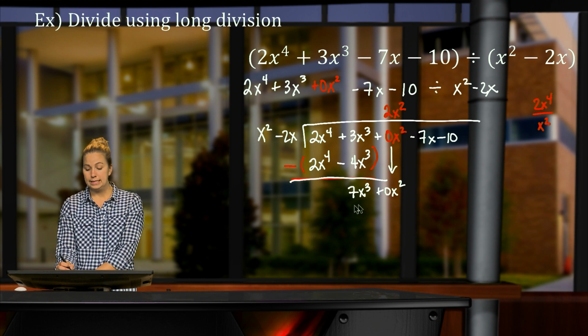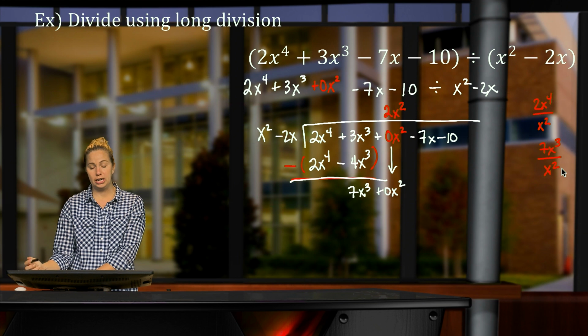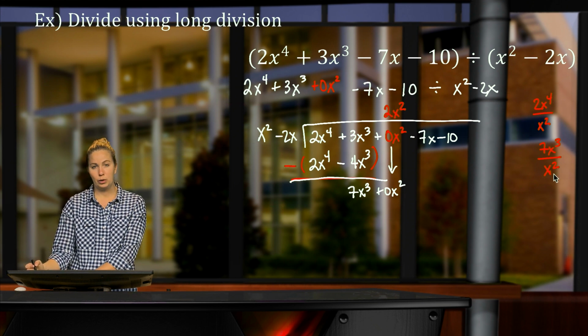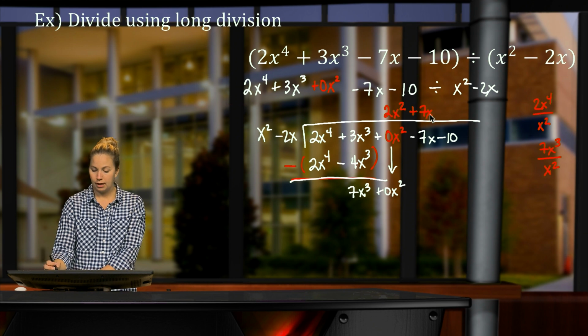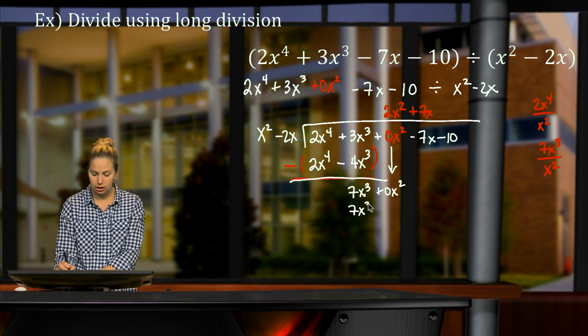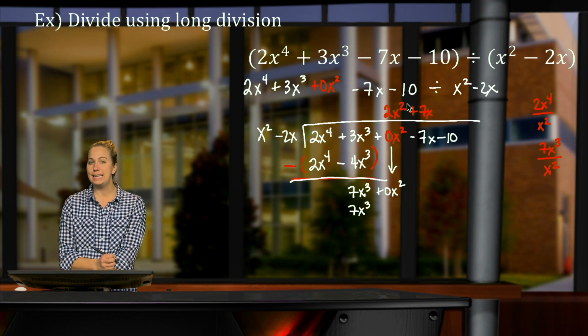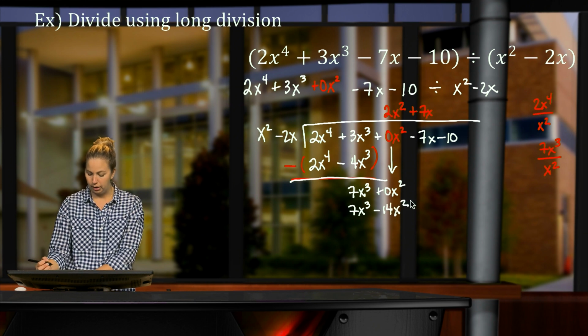And I repeat, 7x cubed divided by x squared. Going to my margin to set up that fraction, 7x cubed divided by x squared is going to be 7x. 7x multiplied by x squared minus 2x. 7x times x squared is 7x cubed. 7x times negative 2x, negative 14x squared.